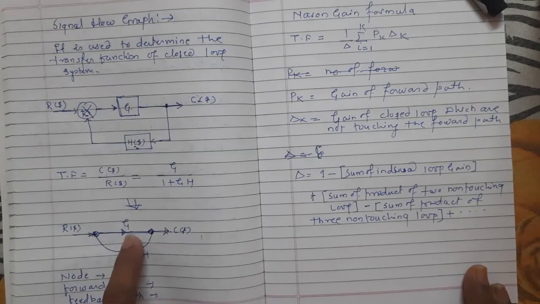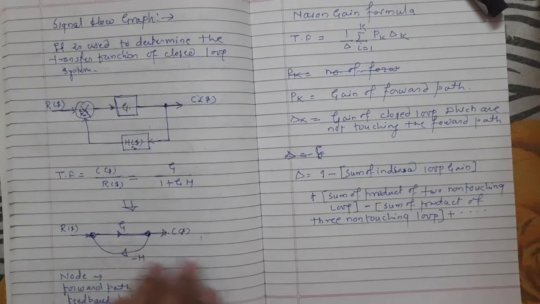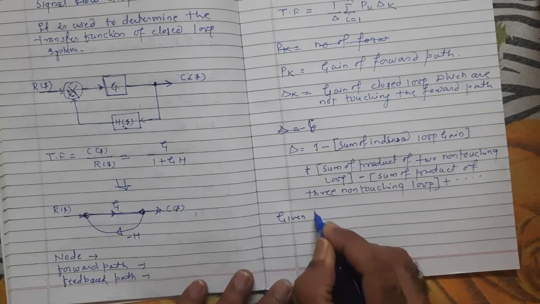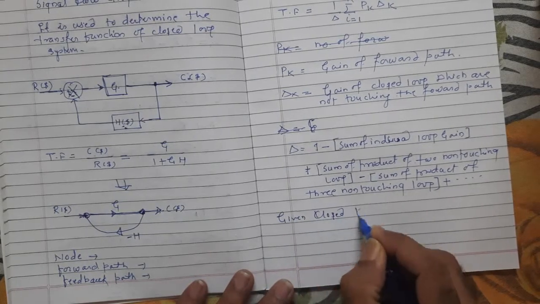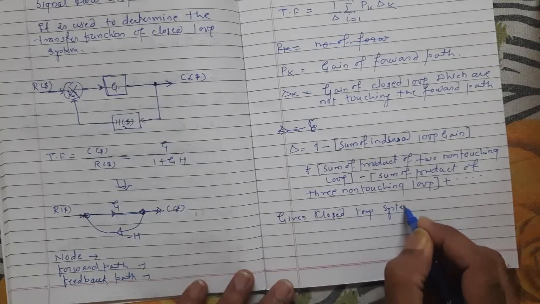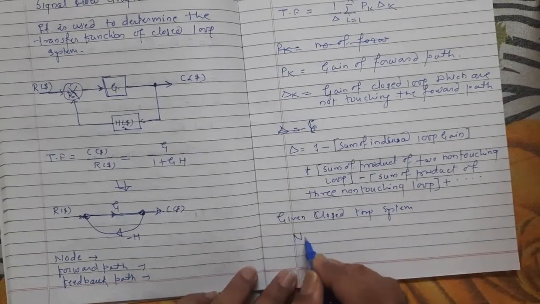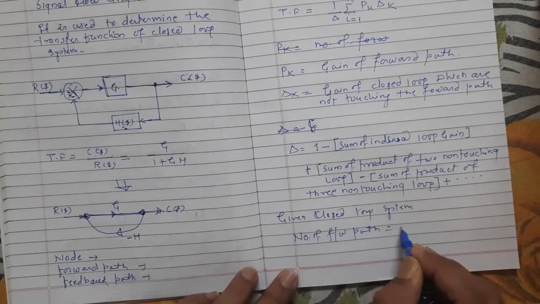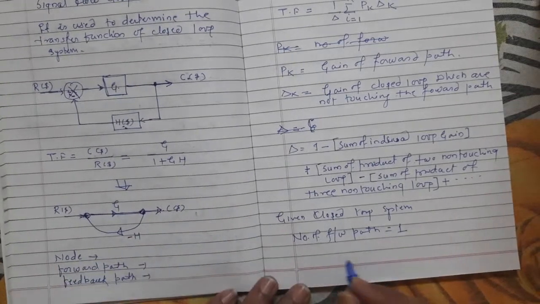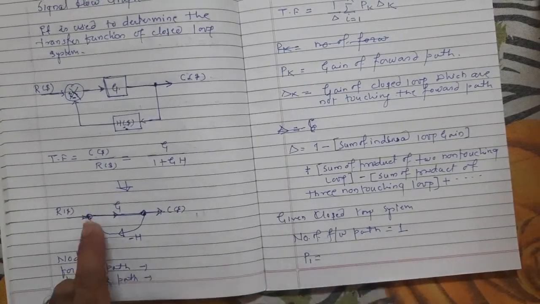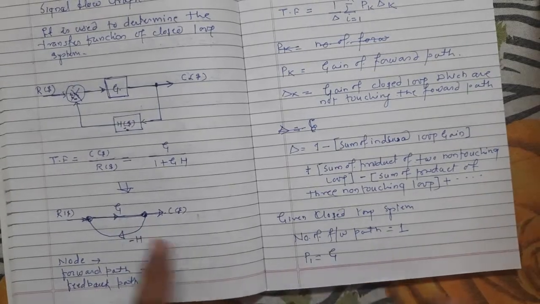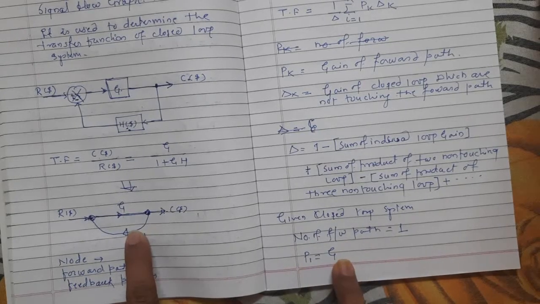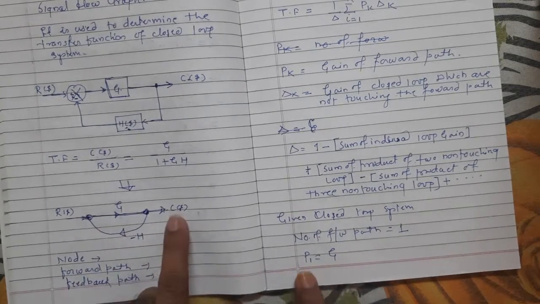In this forward path, only G is the gain. The number of forward paths is 1. So what is P1? It is the gain of the forward path, that is G. Because there is only one forward path, P1 equals G.